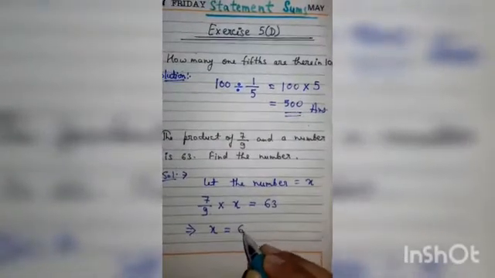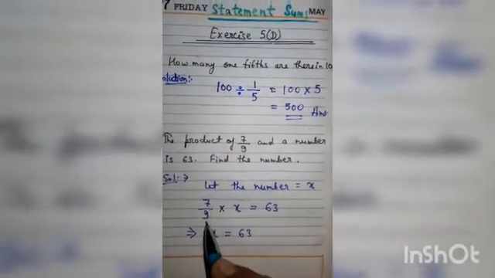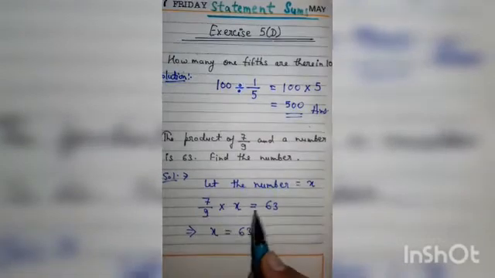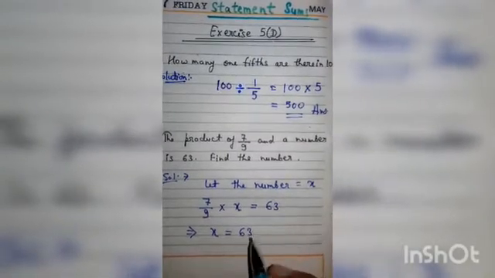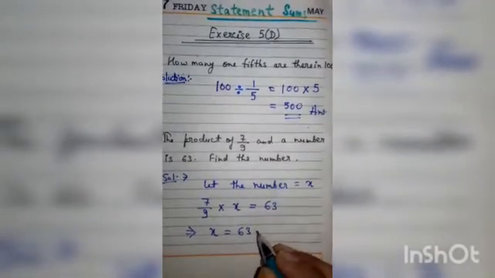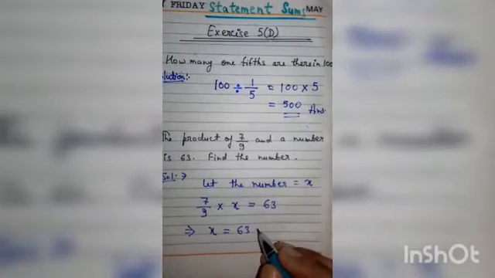How do we find it? 63 and 7 by 9: if we move to the right side of the equal sign, it moves as the reciprocal.